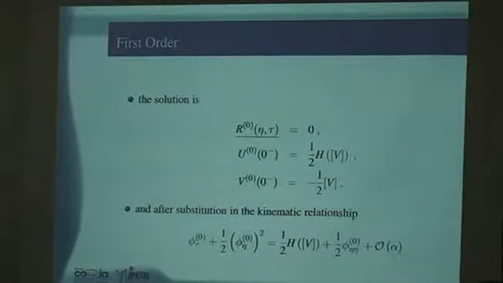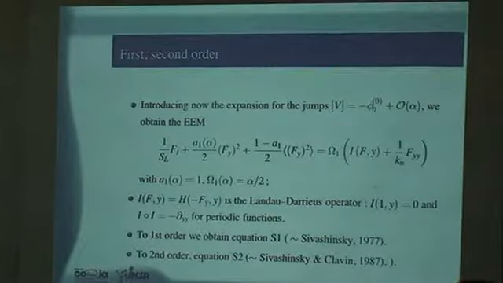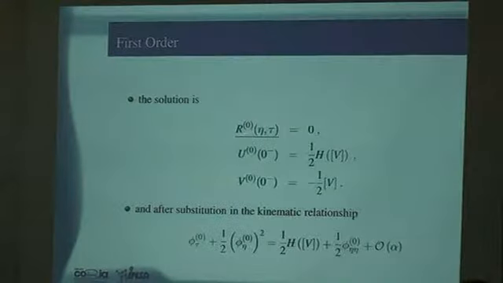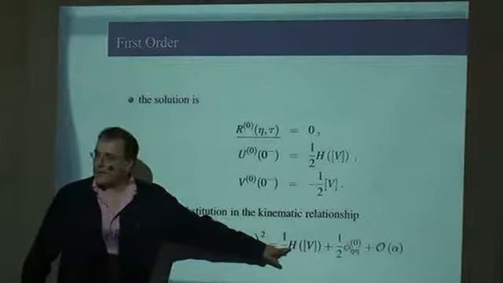And the term h as a function of v, this is a source term for this equation. The first term in the right hand side is the source term. This is an operator, a Hilbert operator.